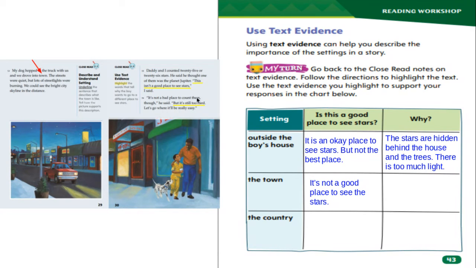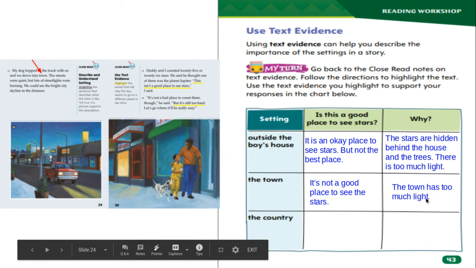And you can see we've underlined, this isn't a good place to see the stars. The dad said, it's not a bad place to count them, but it's still too hard. So our answer of why, we're proving it with text evidence from the story. The town has too much light. It was still too hard to see.